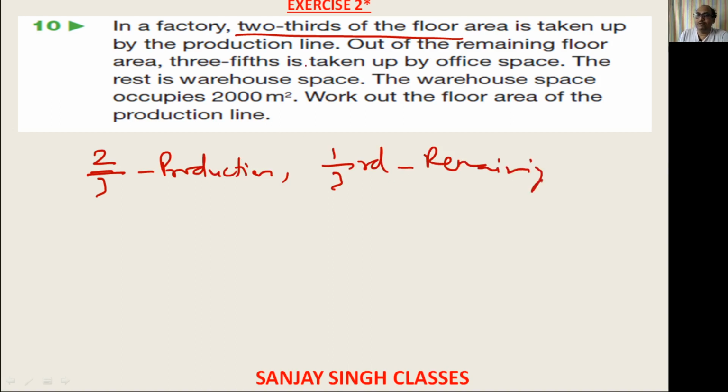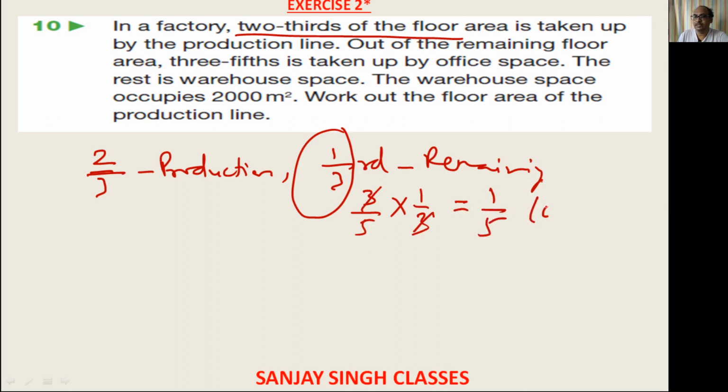Now 3/5 of the remaining 1/3 is taken up by office space, so 3 by 5 of 1/3 is 1 by 5 for office space. Now the rest is warehouse space, so from this 1/3 we need to subtract this 1 by 5.